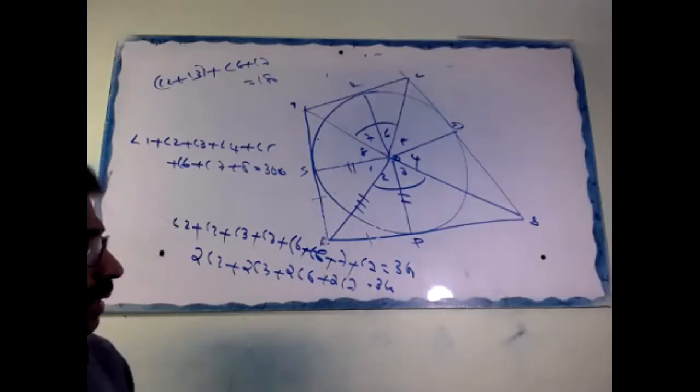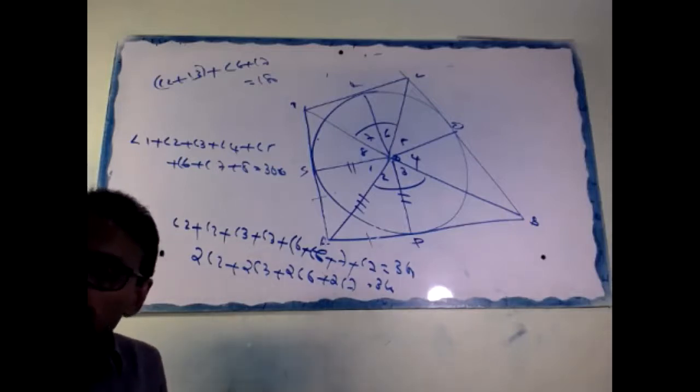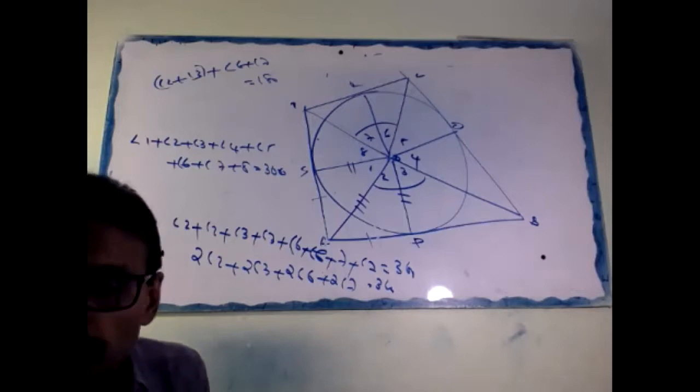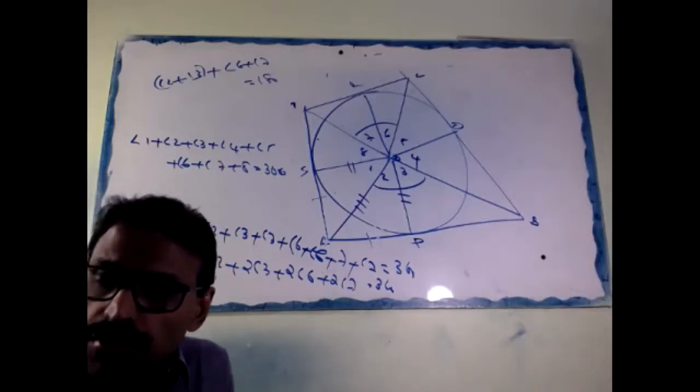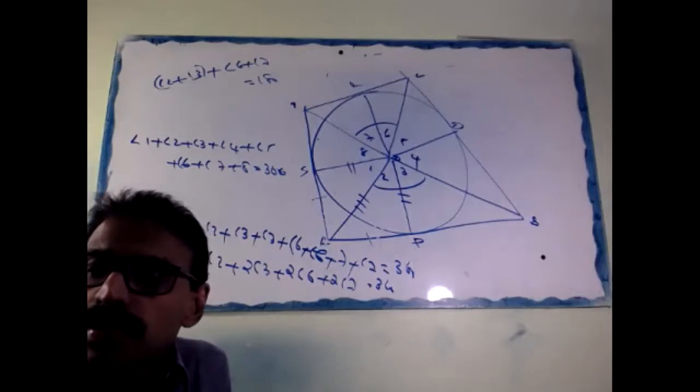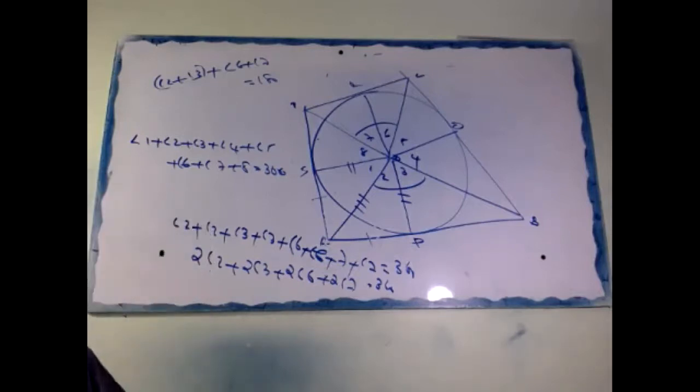Okay. Then, similarly, we can prove that angle 3 equal to angle 4, and angle 5 equal to angle 6, then angle 7 equal to angle 8.